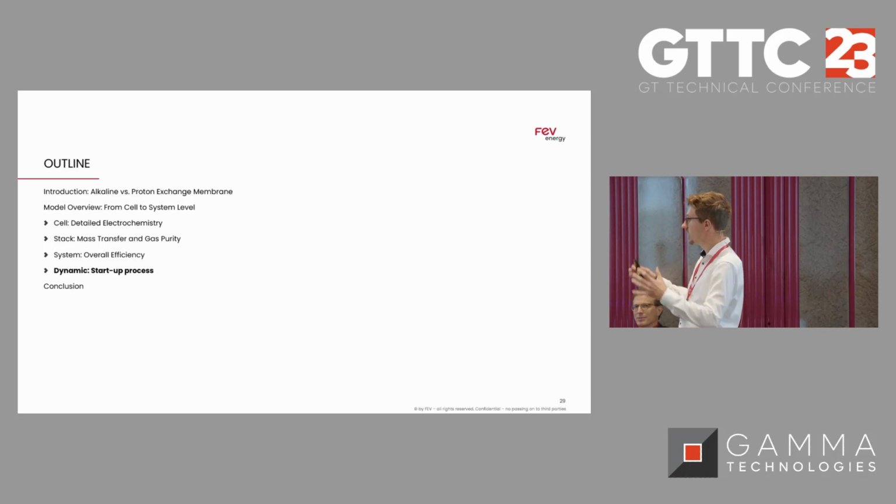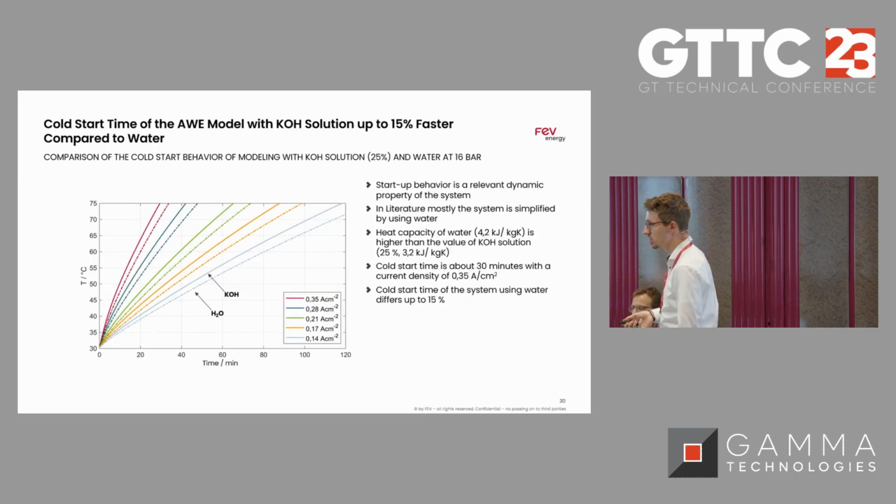However, since we have all that water or that KOH solution, we have a lot of mass that needs to be heated up once we start up the electrolysis, and this is where the alkaline really is much slower than the PEM. And here it's crucial again to have specified our own KOH species in GT, because especially in literature you often see that these heat-up simulations for the alkaline are done just with water.